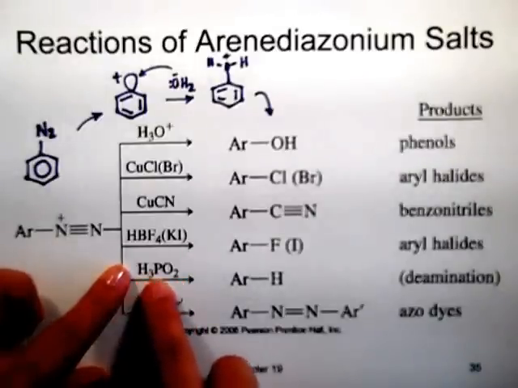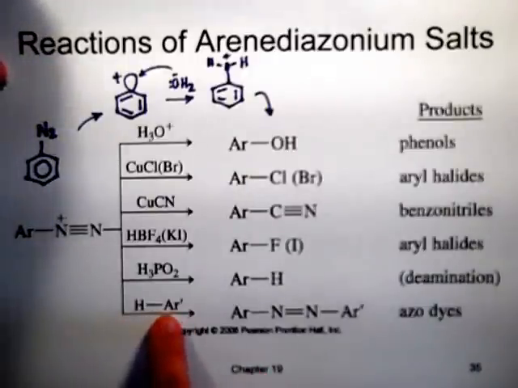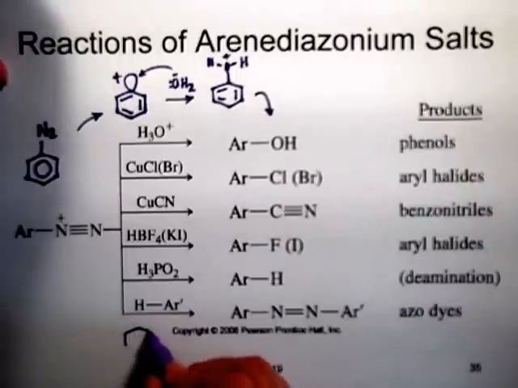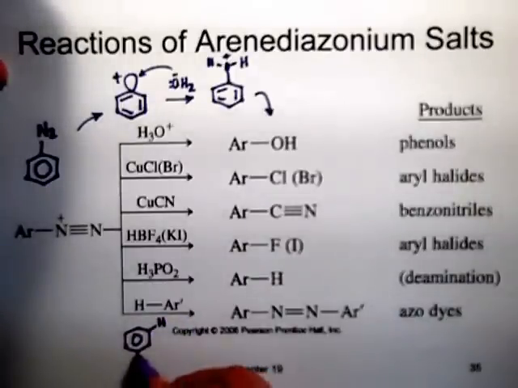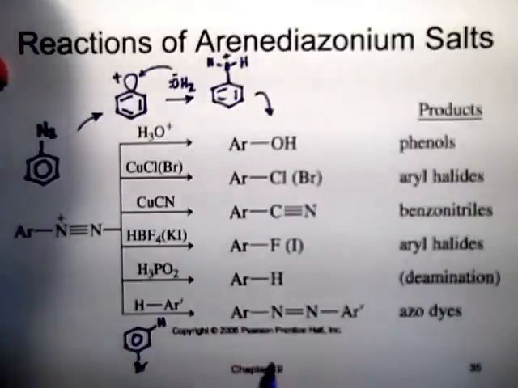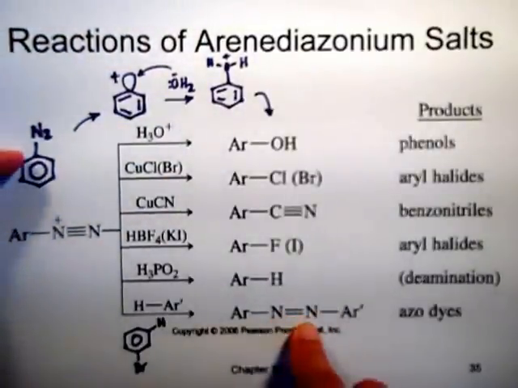If you use H3PO2, you put a hydrogen back to it. And if you just add a different ring to it, let's just put something else, I don't know, a bromide or an NO2, you will join them together by the nitrogen group.